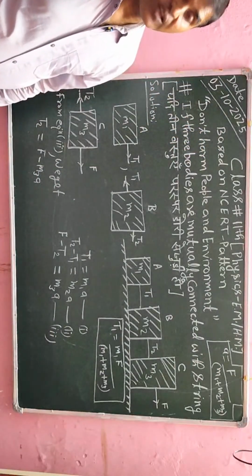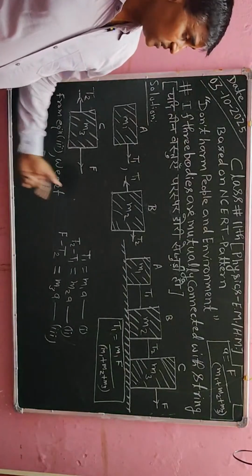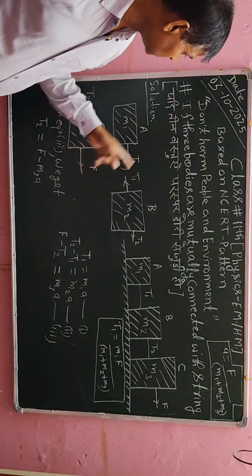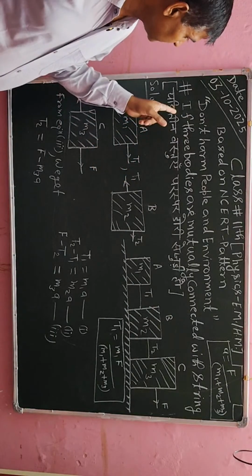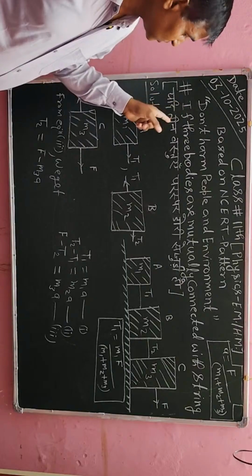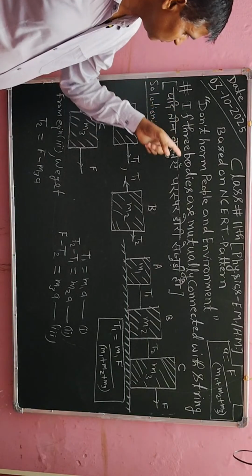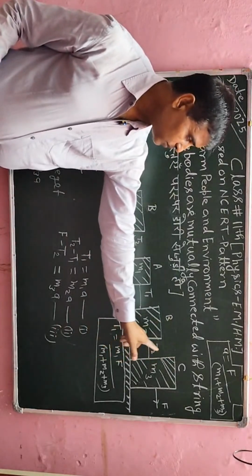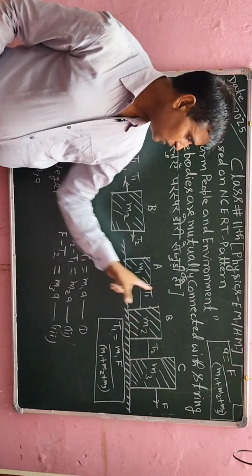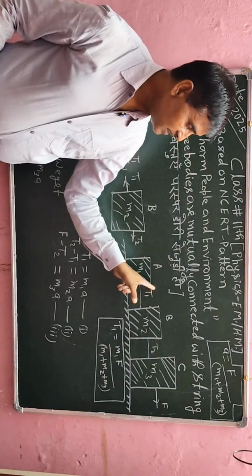After simplifying I will get the value of T2, which is required in the topic whose name is if three bodies are mutually connected with string. So we have to also get the value of T2 and also T1. The value of T1 I have obtained.